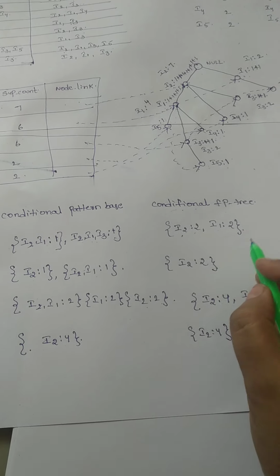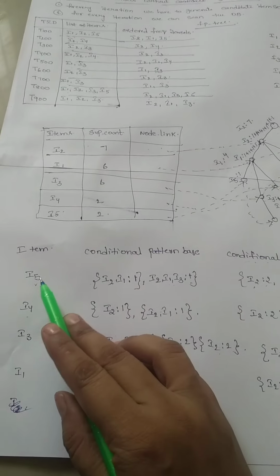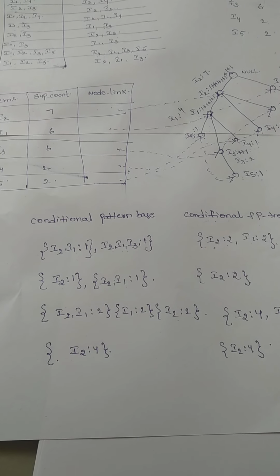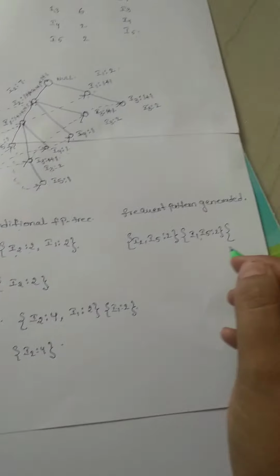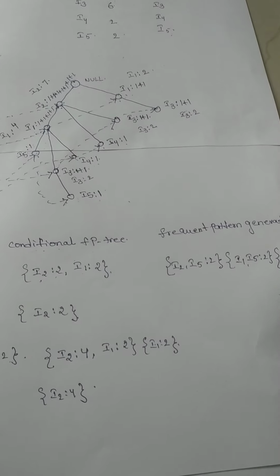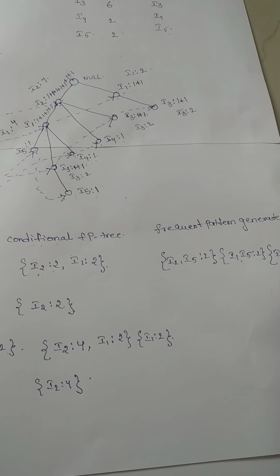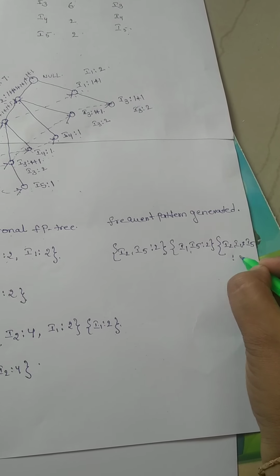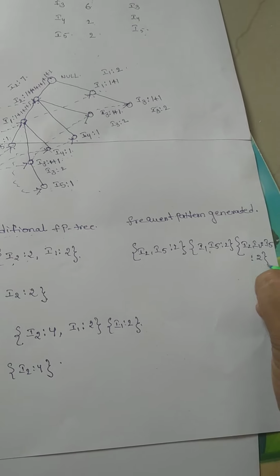Next I1, I5, 2, and finally the combination I2, I1, I5 is 2.